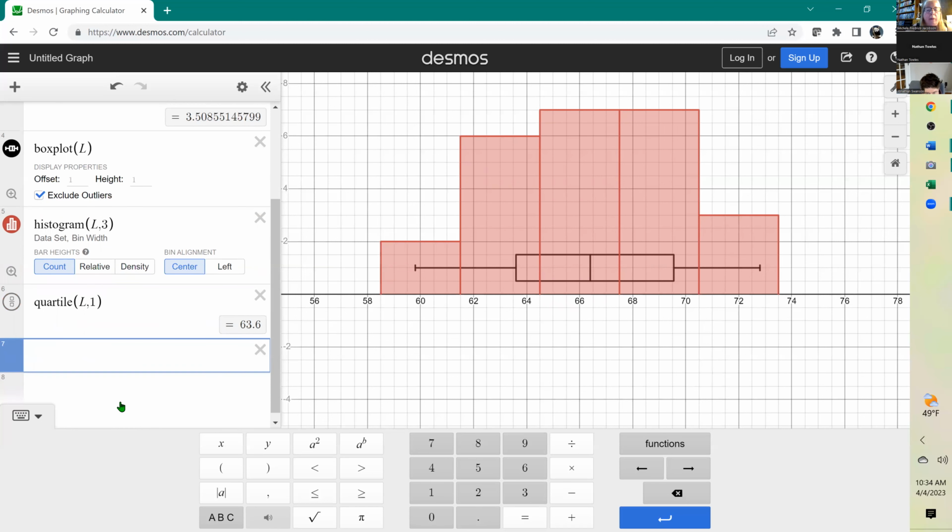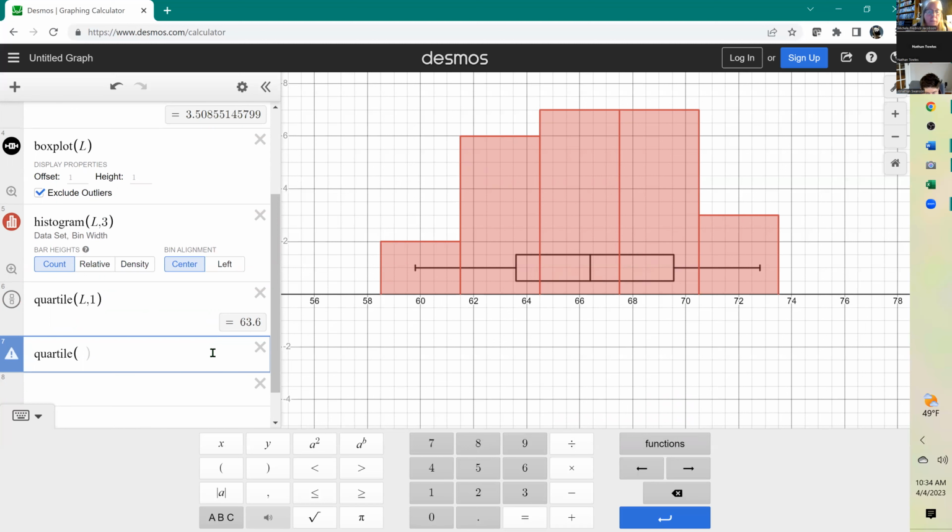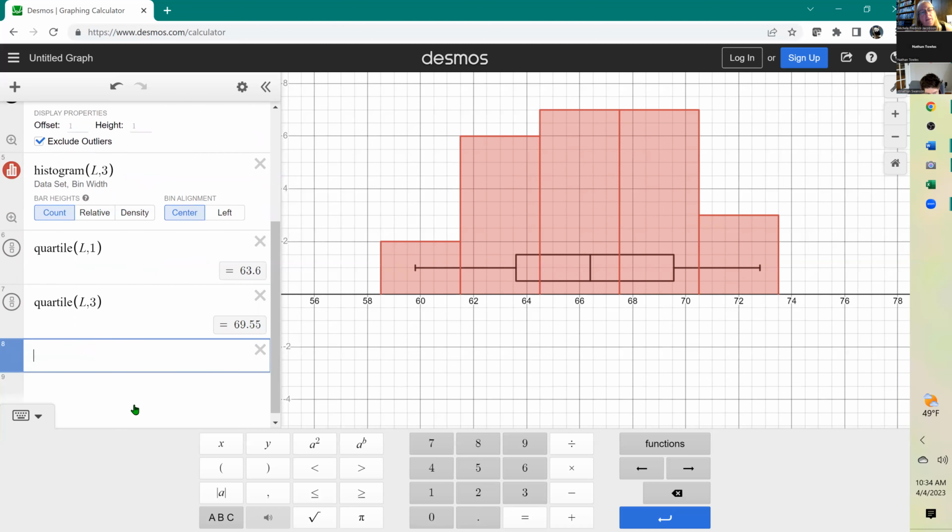The upper quartile is the third quartile. Because this is the first, the second is the median, this is the third. And if you look at what our values were for the lower and the upper quartile, 63.6, 69.5. Any questions?